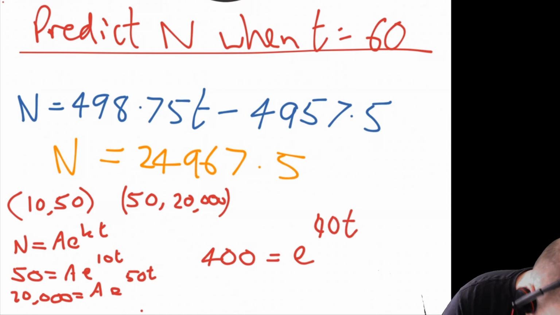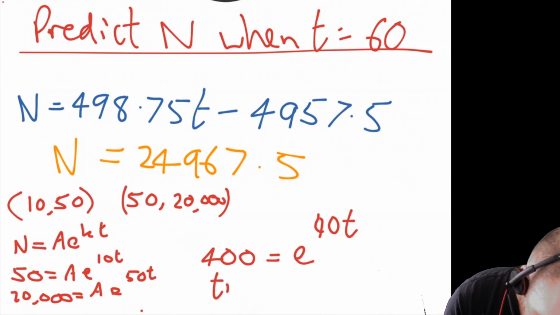Still looks the same, doesn't it? Learn both sides. Learn 400 divided by 40. That should be a K, not a T.